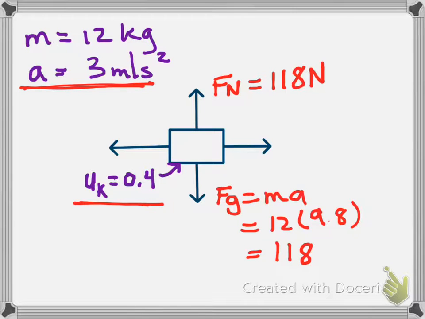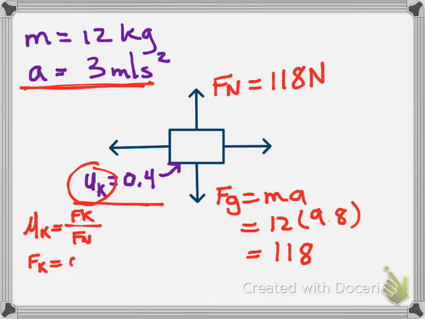Now, the next key component is figuring out, okay, what in the world is our frictional force? So now this is where we're going to use our frictional coefficient. So we know that in a frictional coefficient, this is going to be kinetic friction, moving friction. So we have the force of kinetic friction over our normal force. We're going to rearrange that because we really want to know what the force of kinetic friction is.